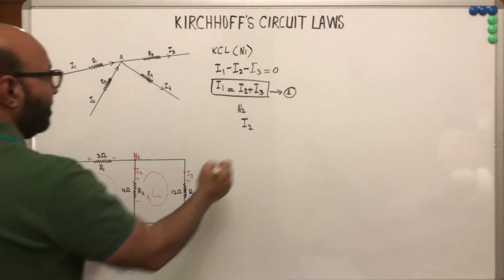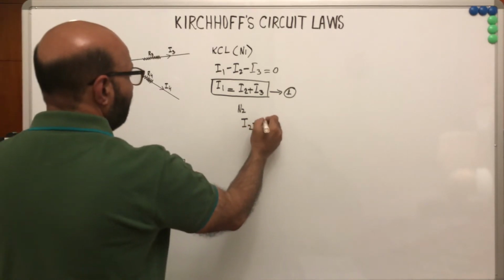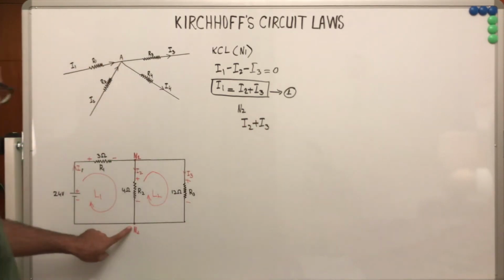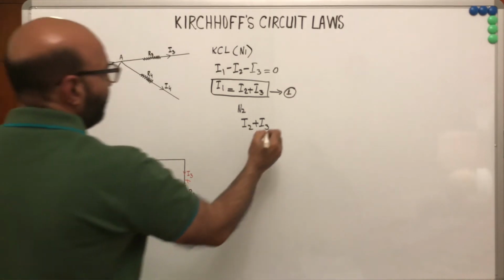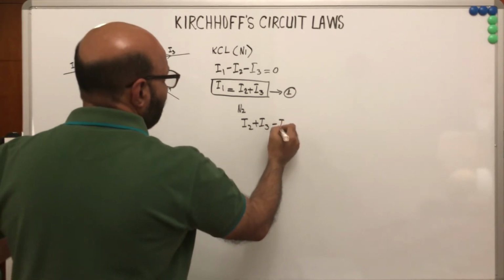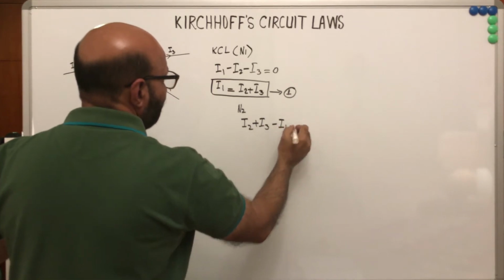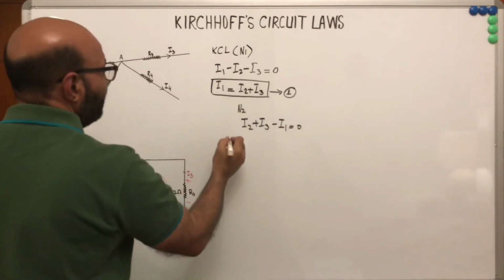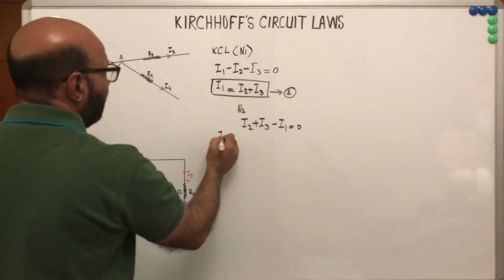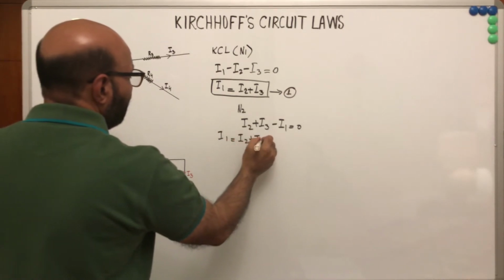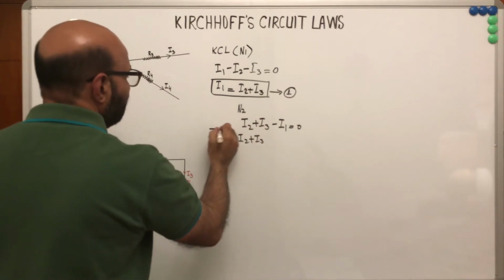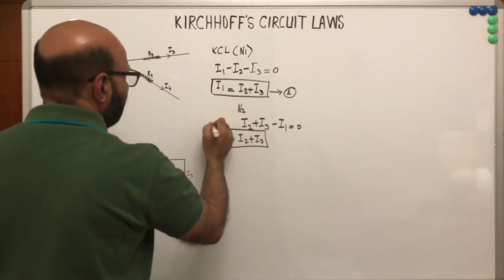I3 is also coming towards the node, whereas I1 is moving away from the node, meaning I2 plus I3 minus I1 is equal to 0. So this is exactly the same equation again: I1 is equal to I2 plus I3.